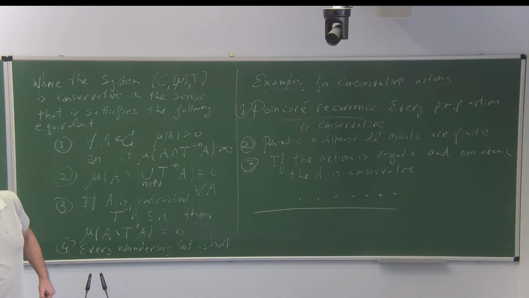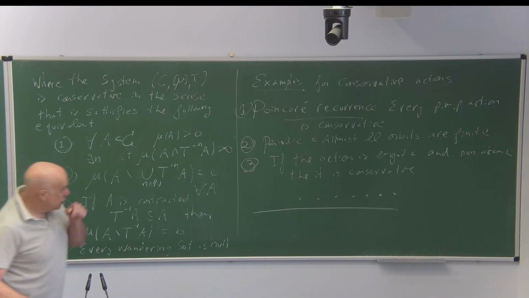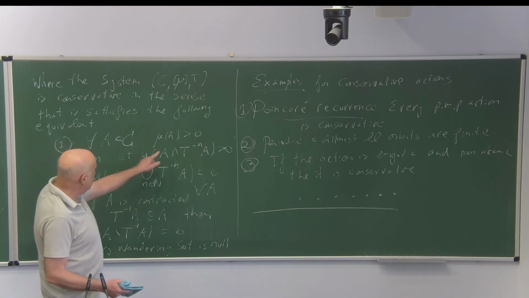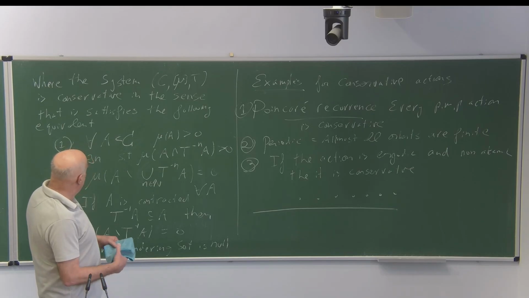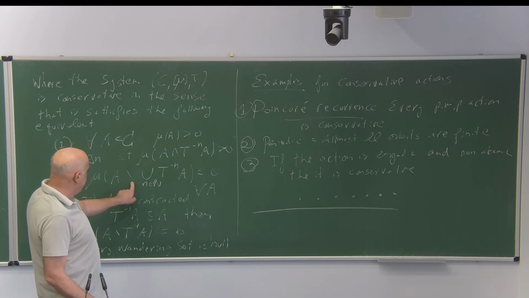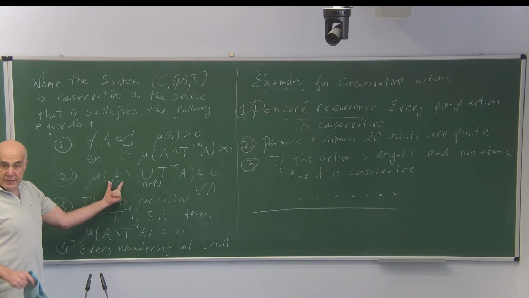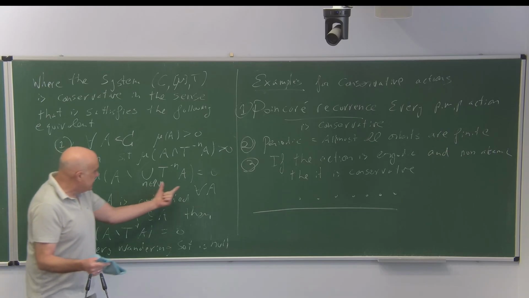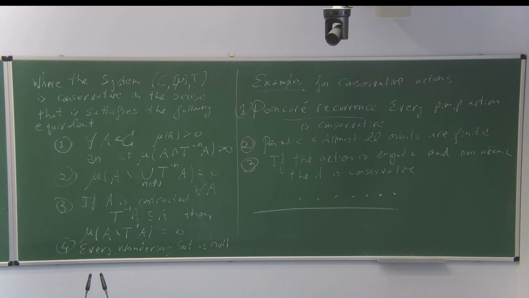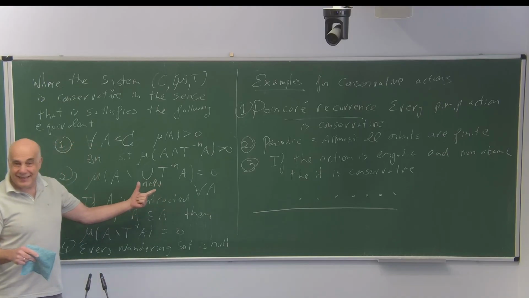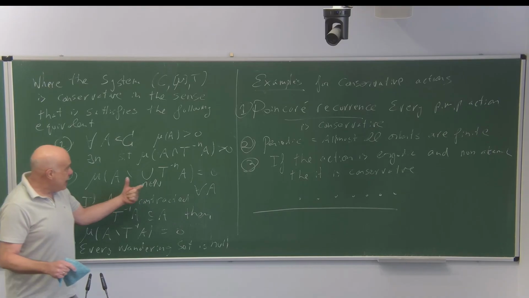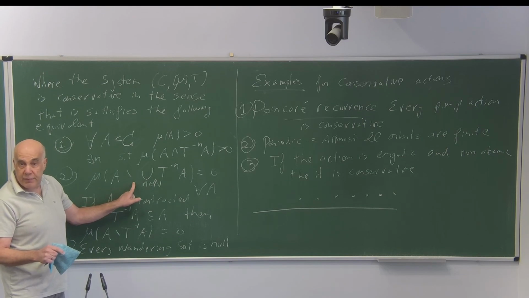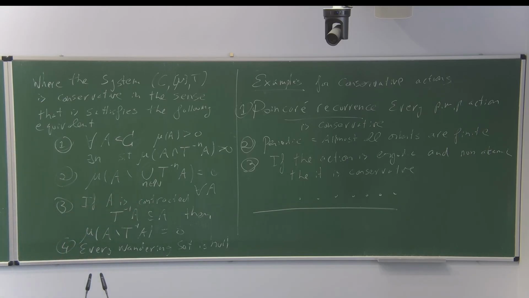Conservativity says that if you look at a positive set, almost all points eventually return to that set. But in the measure theoretic setting, this is not very well defined, because we don't really have points in this setting. I want to translate this into the topological dynamical setting in order to make a more deterministic sense of the word, not just almost every.